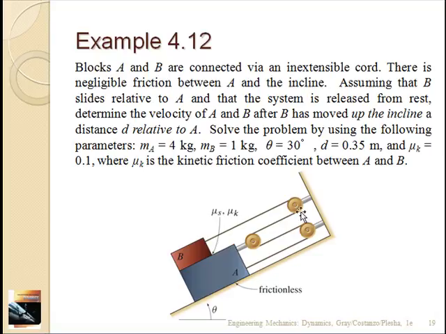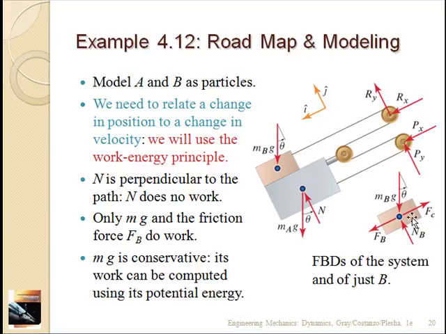Okay? And what we want to understand is the velocities of the two blocks as a function of time or position. So we model these two blocks as particles, and we can do conservation of energy, both potential and kinetic, as long as we include the energy dissipated due to friction.